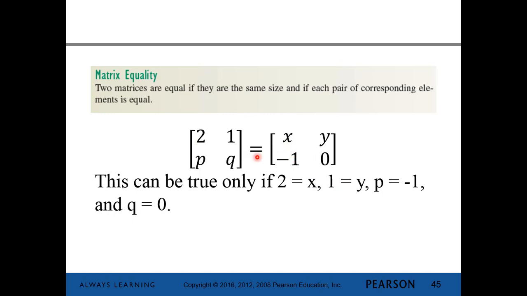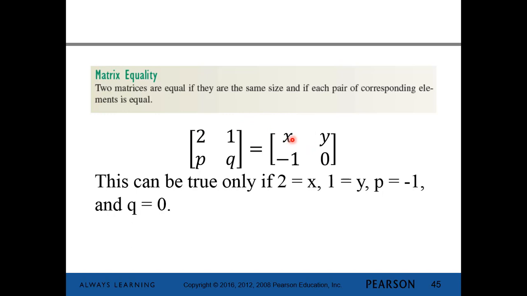If we say that this matrix is equal to this matrix, then not only do they have to be the same size, but this element has to be the same as this element, this element has to be the same as this element, this has to be equal to this, and this has to be equal to this. So all corresponding elements must be equal.